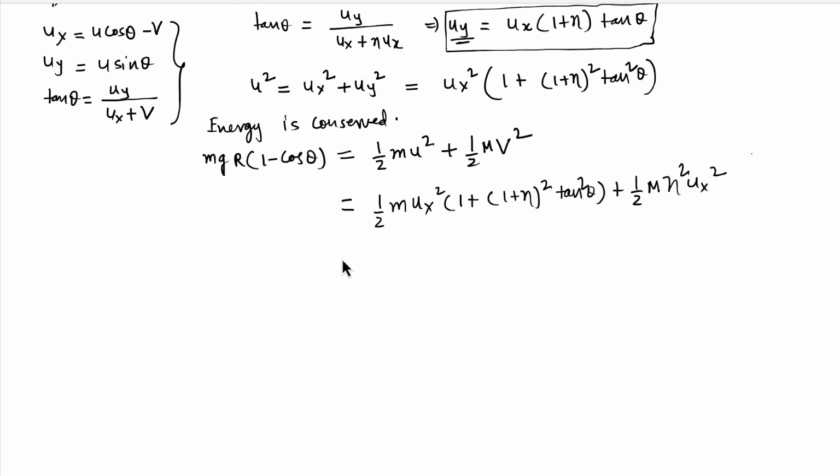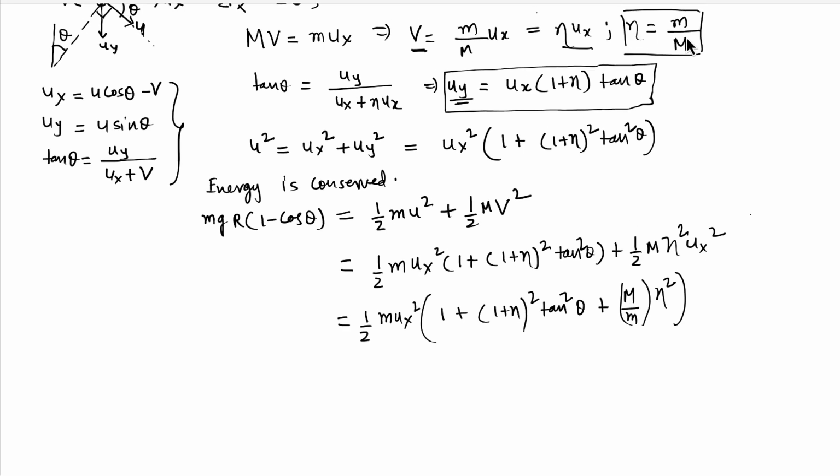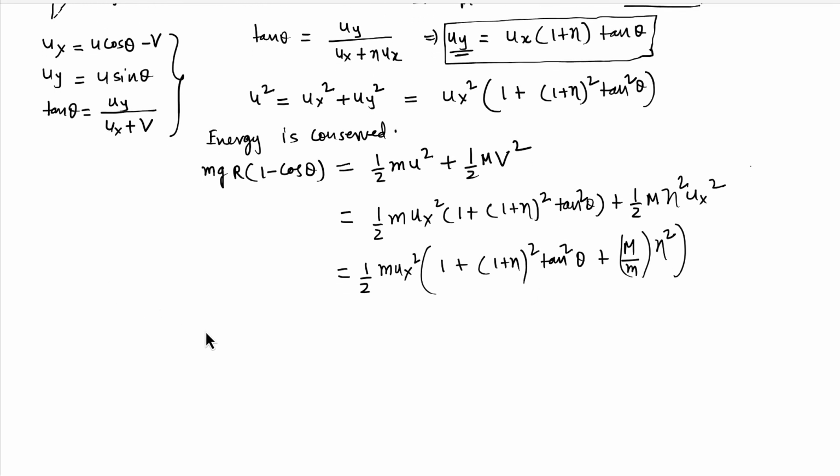Okay, and then we get 1 by 2, take the m ux square outside as common, then 1 plus (1 plus eta) square tan square theta plus M by m eta square, and M by m is nothing but 1 by eta because eta is m by M. Therefore equals 2gR(1 minus cos theta), we can take the 2 that side, and then m and m will cancel out.